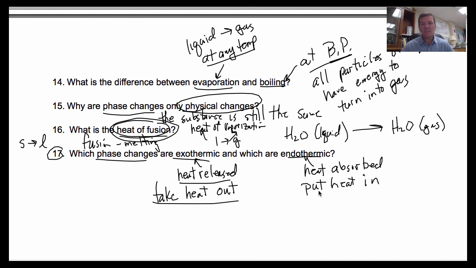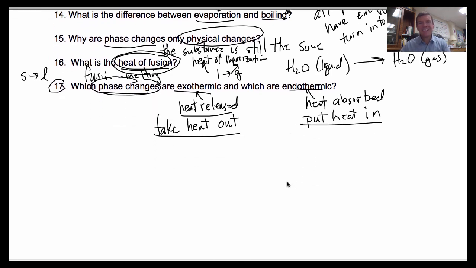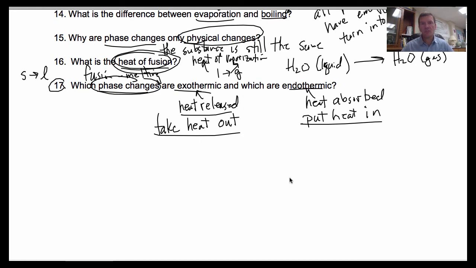So let's think about this. Which phase changes do you have to put heat into in order for them to occur? Well, in order for a solid to turn into a liquid, you need to heat it up. So that is melting. Okay?